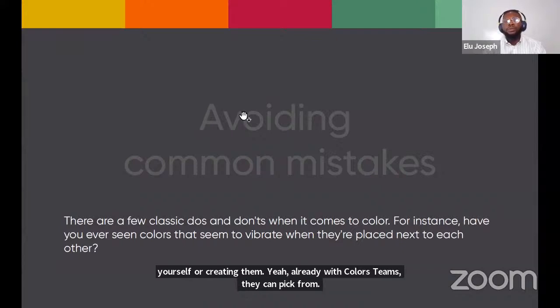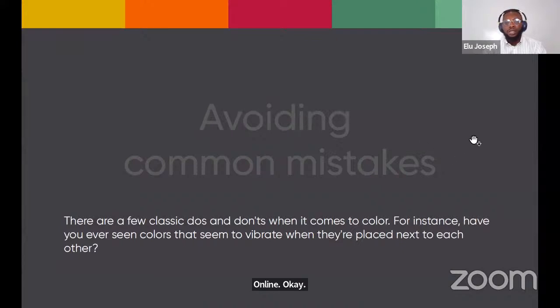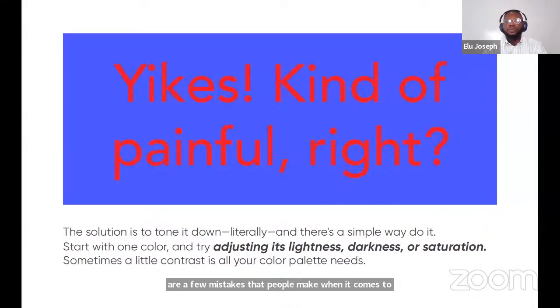Okay? Now, trying to avoid common mistakes. There are a few mistakes that people make when it comes to color. Let me show you. Is this affecting your eyes like it's affecting mine? Yikes. Kind of painful, right? The solution is to tone it down.